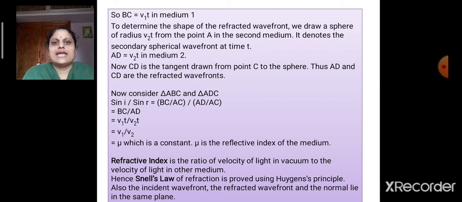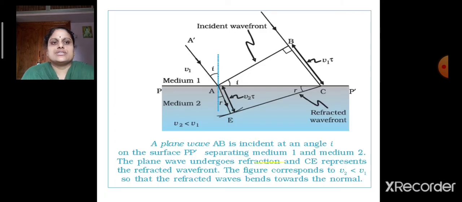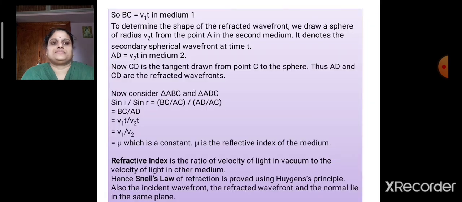We have seen AD will be equivalent to V2 tau in medium 2. Now CD is the tangent. Here CE is the tangent drawn from the point E to the point C.